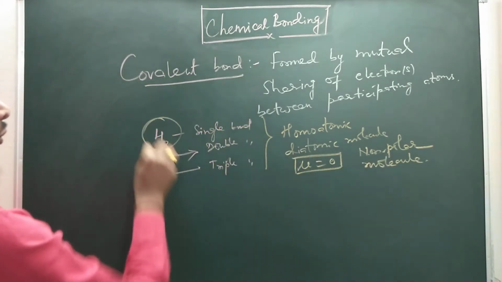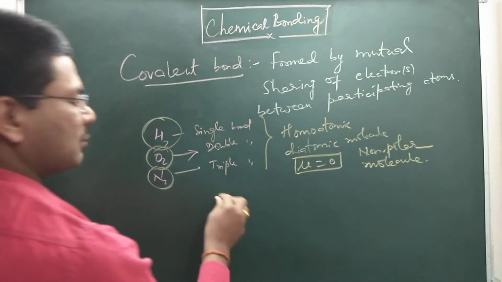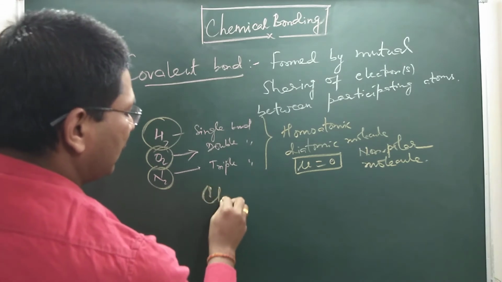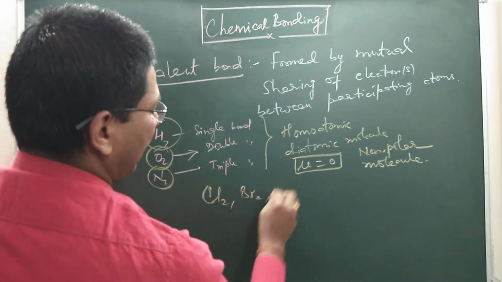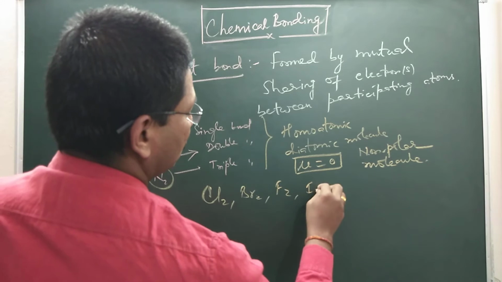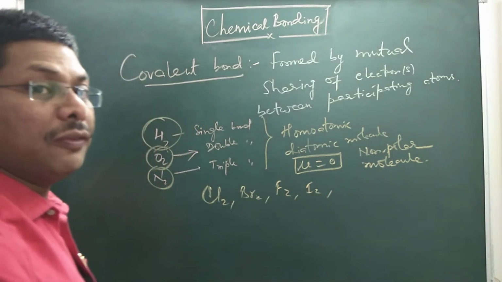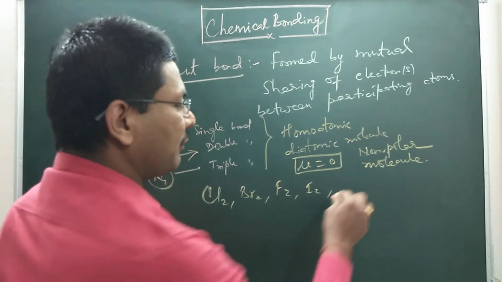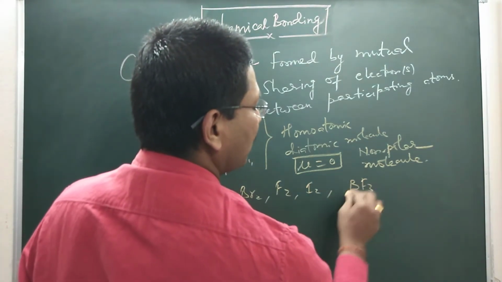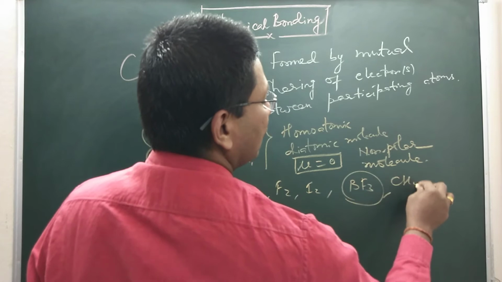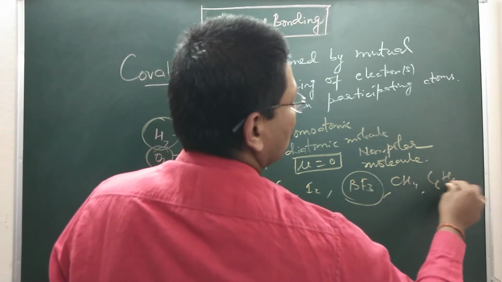So hydrogen, oxygen, nitrogen, not only these molecules, Cl2, Br2, F2, I2, and even some molecules where there is a difference in electronegativity, but despite that they are non-polar, like BF3, methane, benzene.